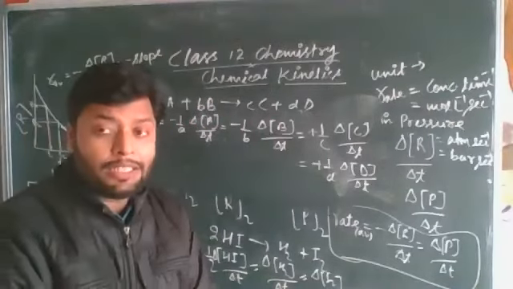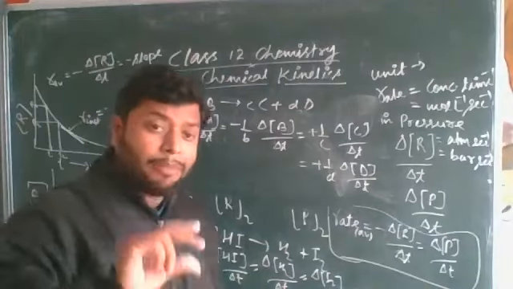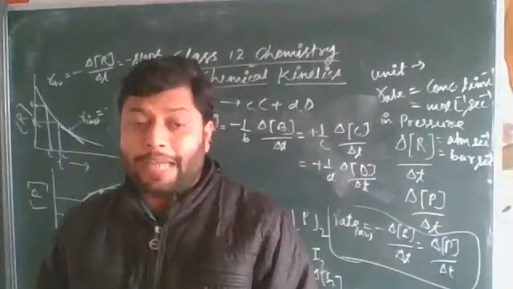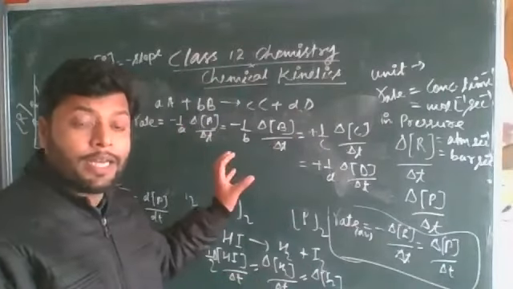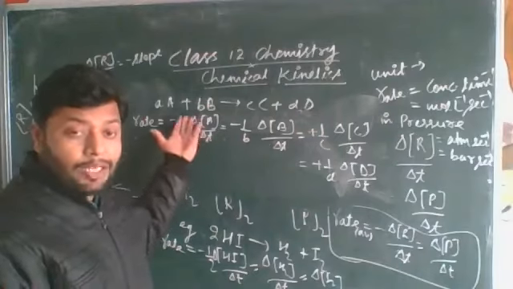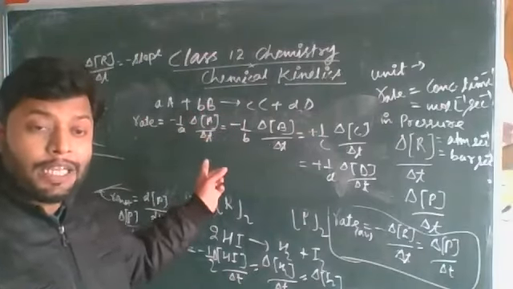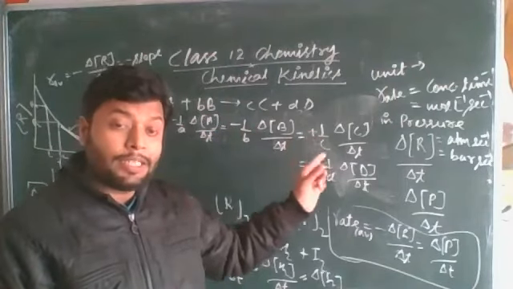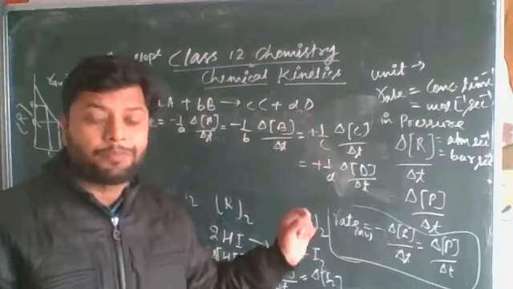The very important thing is that the rate of any reaction can be defined on the basis of any reactant or any product, and all reactants and products can be equal if the stoichiometric coefficients are inverted in the ratio. So you can see the rate of the reaction for this given reaction is minus 1 by a delta A upon delta t, equal to minus 1 by b delta B upon delta t, equal to plus 1 by c delta C by delta t, equal to plus 1 by d delta D by delta t.